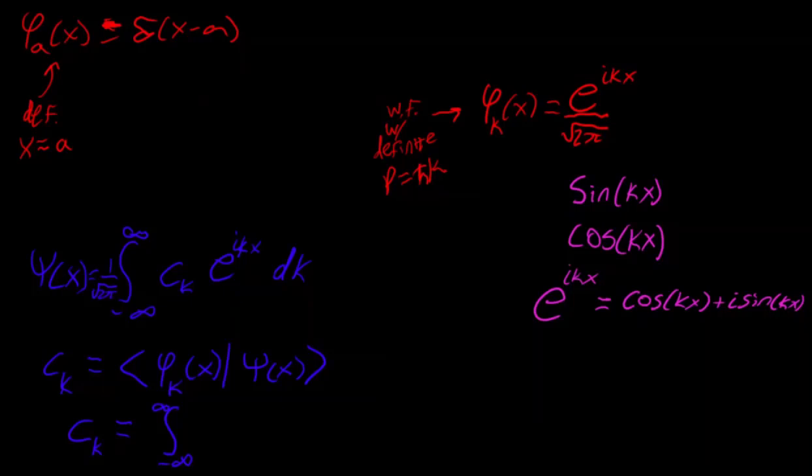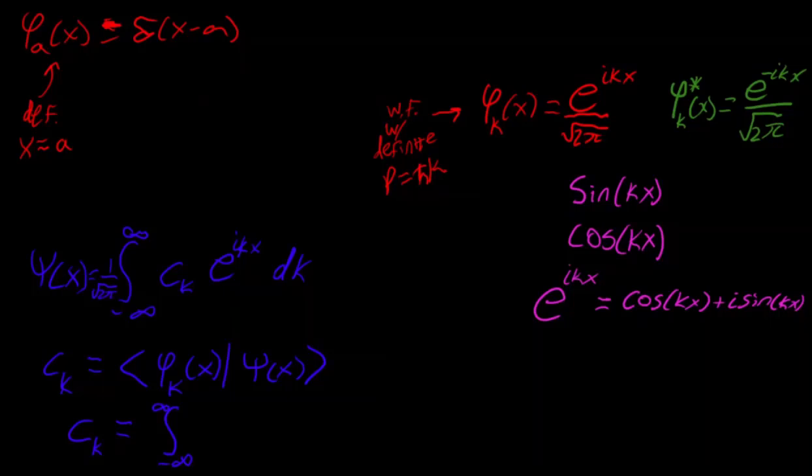right? And we can note right here that phi star sub k of x, the complex conjugate of a complex exponential, we know from that video on complex exponentials, is e to the minus ikx over root 2 pi, right? Because then that function just carries over.